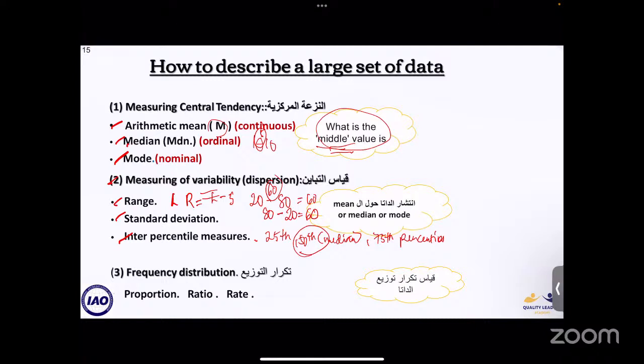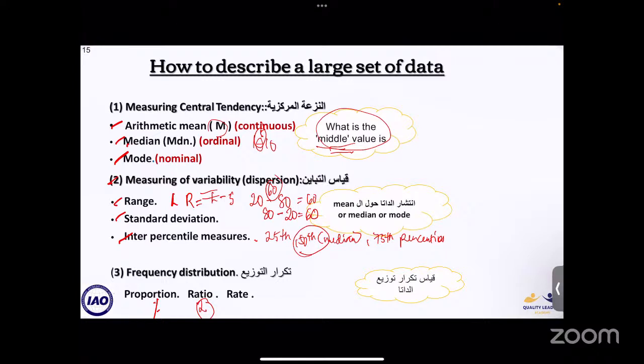A proportion is a ratio of a part to the whole, often expressed as a percentage. The example is the proportion of male patients in a clinic compared to the total number of patients. A ratio is the relationship between two independent groups. For example, the ratio of male to female patients in a study.